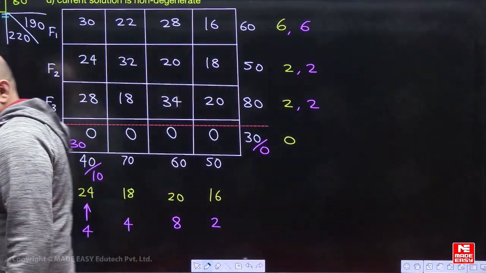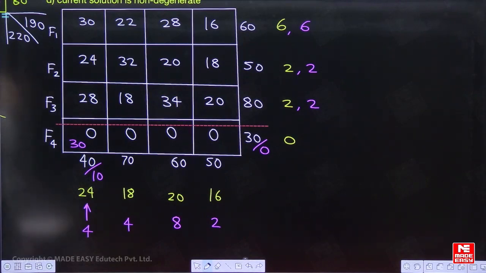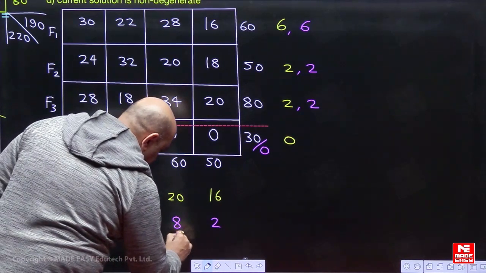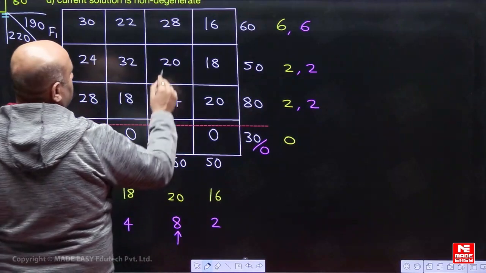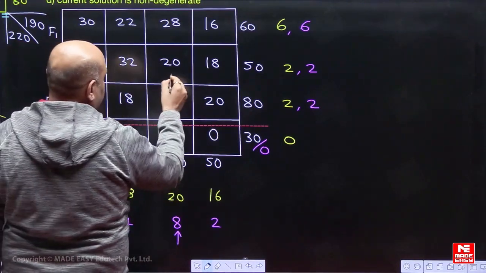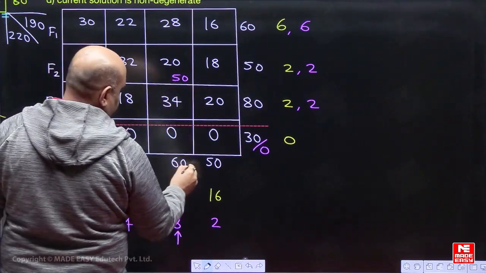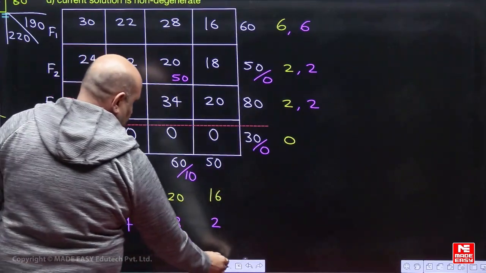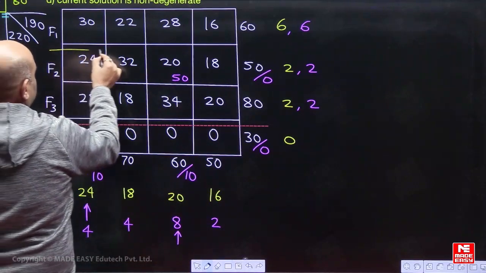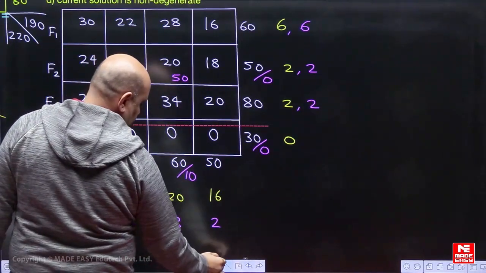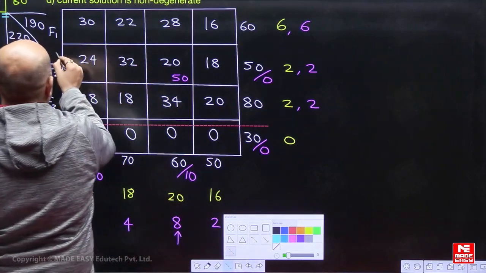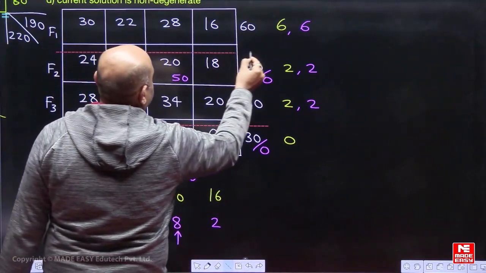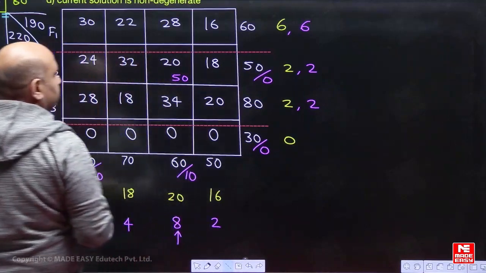Now the highest value is 8. The highest value we get the second time is 8. We will select this. In it we see the minimum cost cell 20, maximum possible 50, 50 units allocated here. 10, 0. Now the second row requirement becomes 0, we should cut it off.